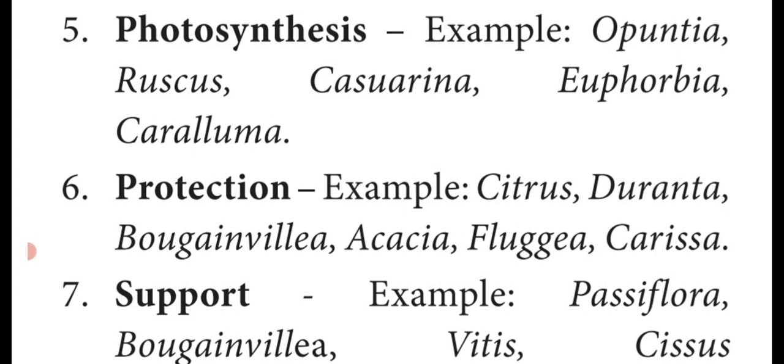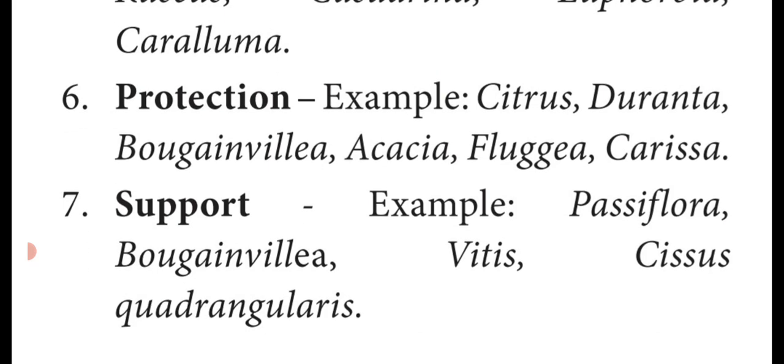Okay. Next one, support. Some weak-stemmed plants are unable to stand erect. In those plants, the stem gives mechanical support. Example, Passiflora, Bougainvillea, Vitis, Cissus quadrangularis.